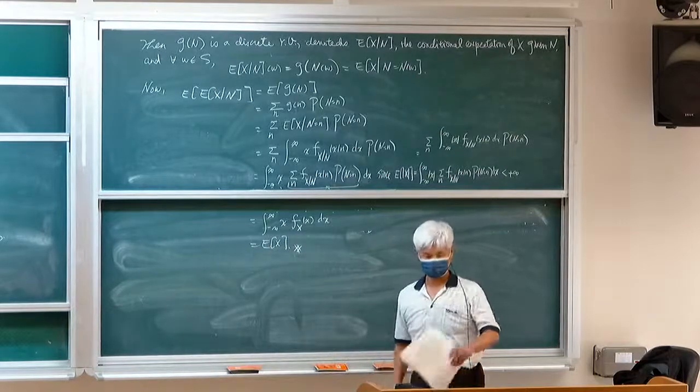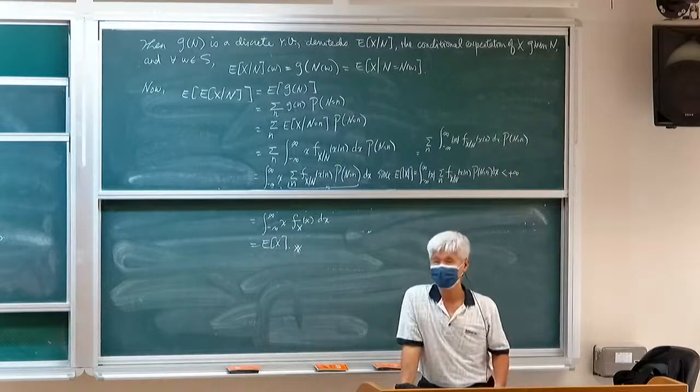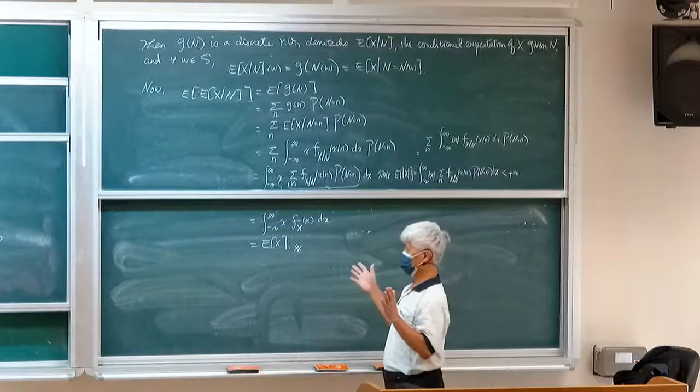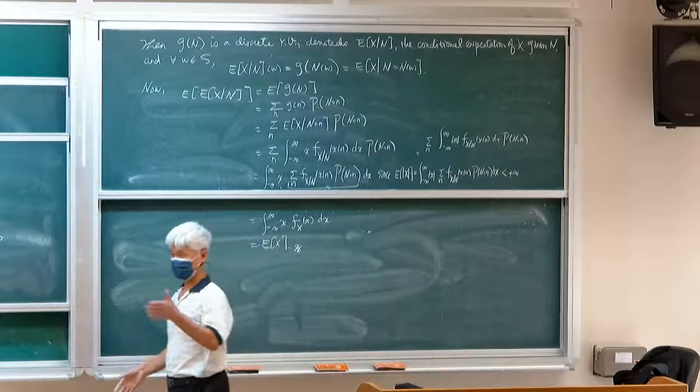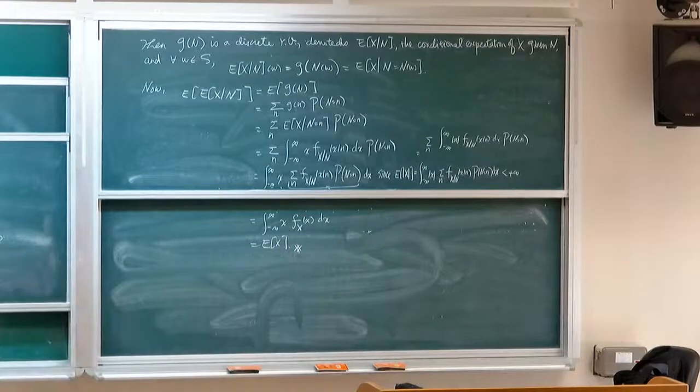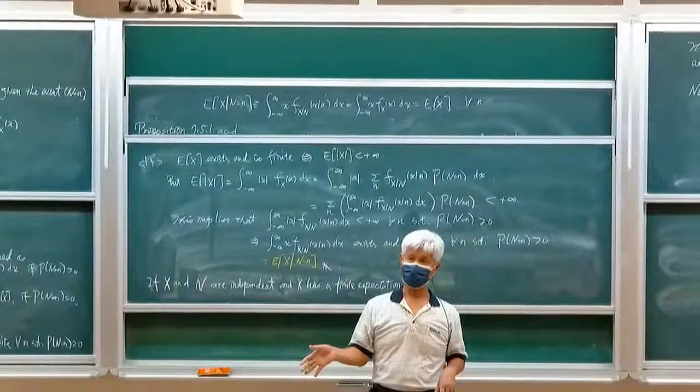Okay. So once again, we have similar results for this mixed type conditioning. X is a continuous random variable, and N is discrete.